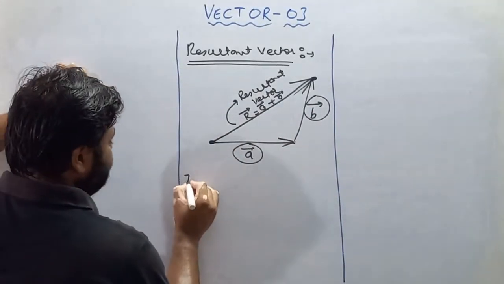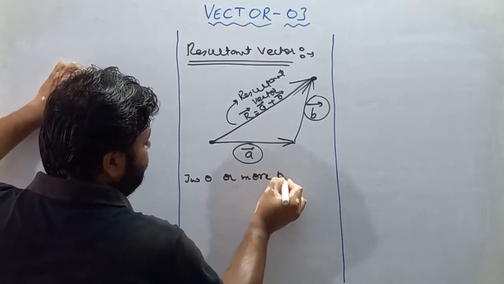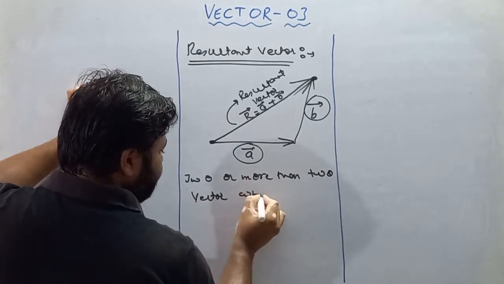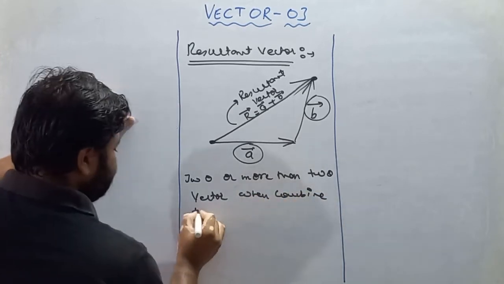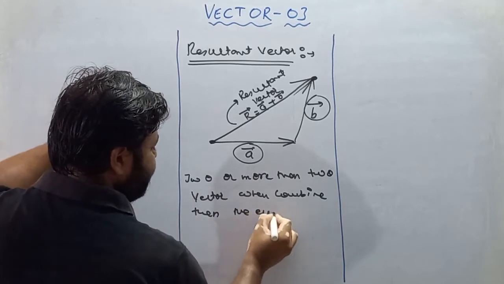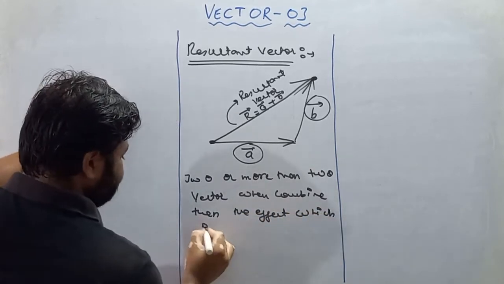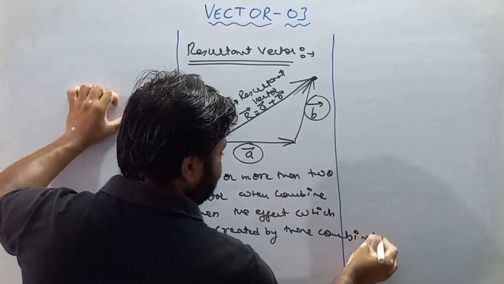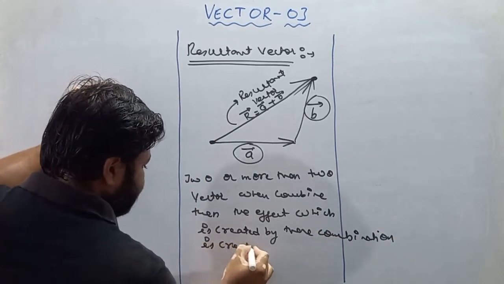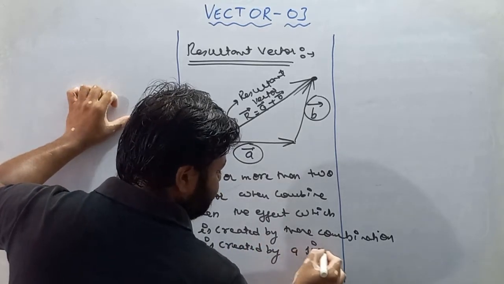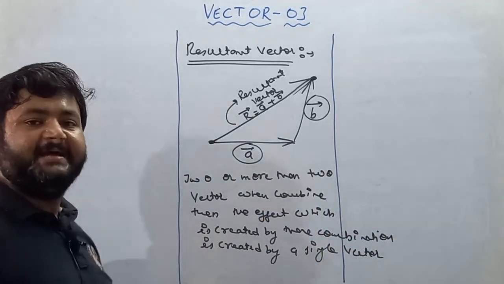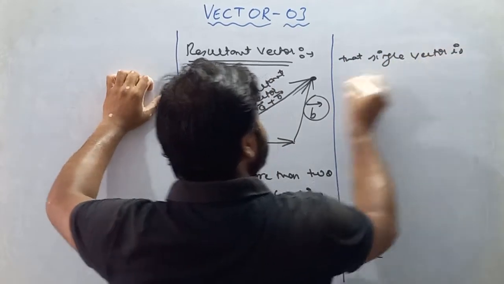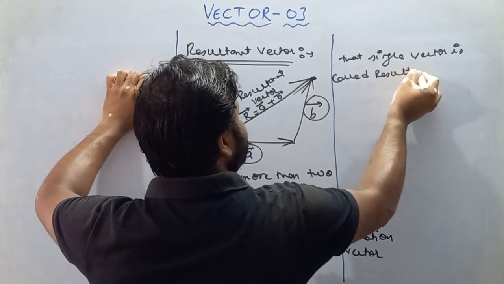So we'll say two or more than two vectors, when combined, the effect which is created by their combination is created by a single vector.